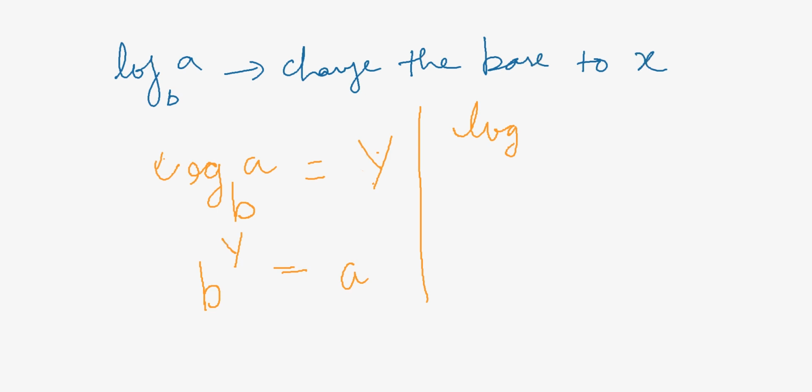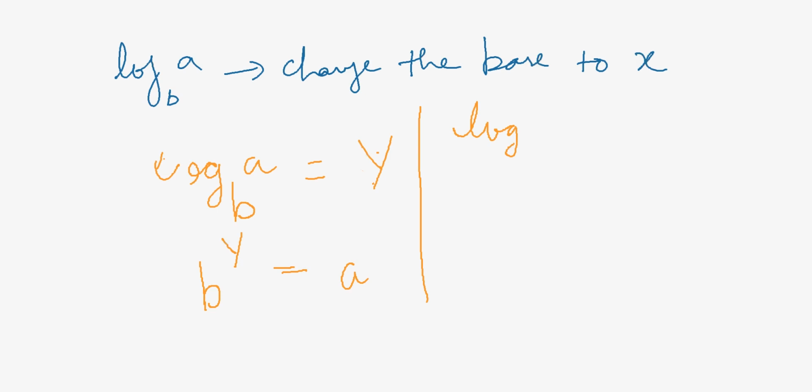So the couple of steps you have done, assuming the given log function equals y and converting the log function into an exponential form, we have actually isolated the operand. Do you see that? Yes.